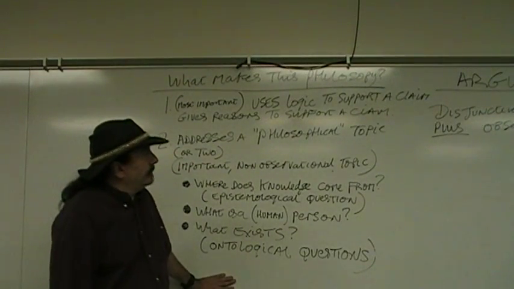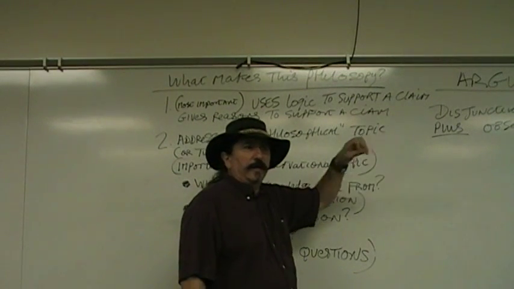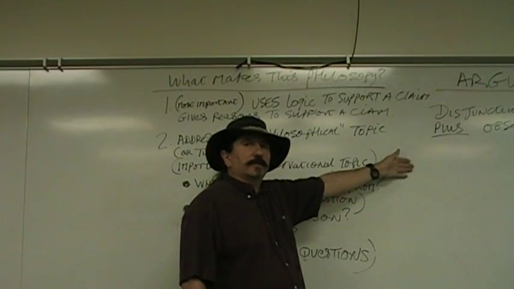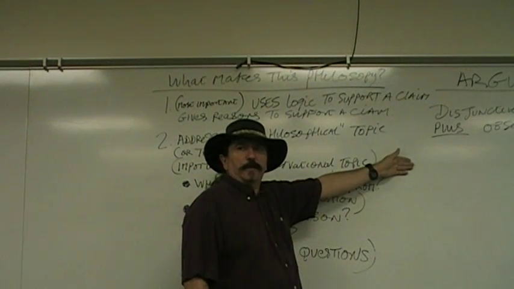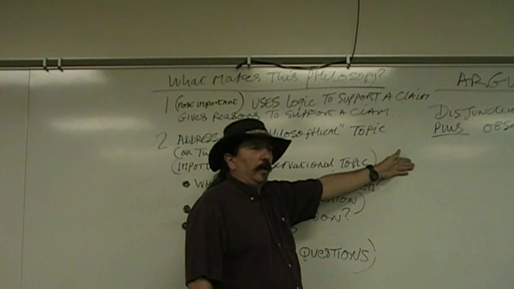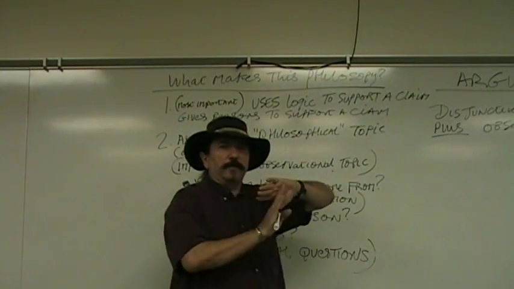So observation can be involved in philosophy, and we will see a lot of that. When something becomes easily settled by observation, it usually stops being a philosophical question, or a big part of it breaks off from philosophy.